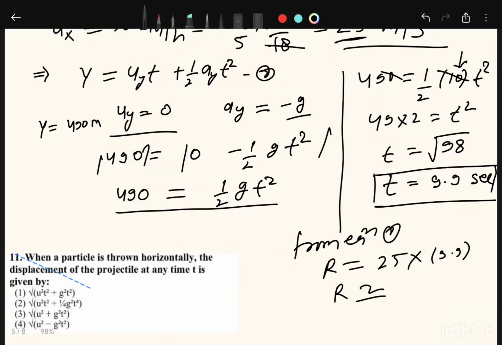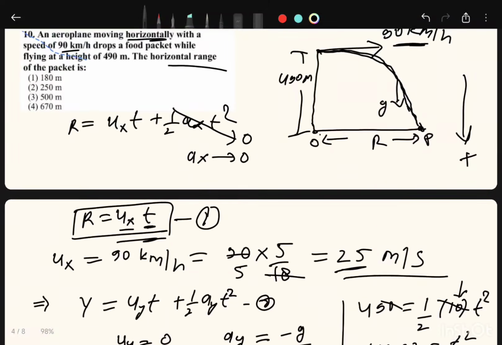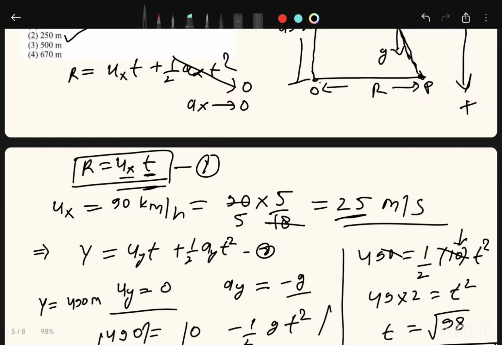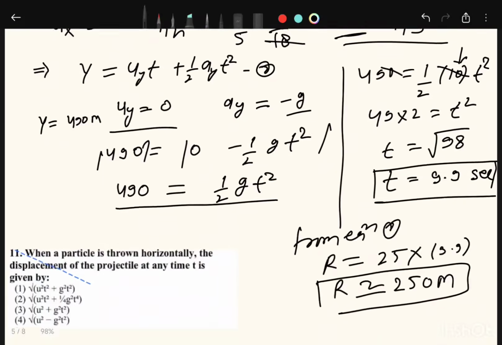So it will be almost 250 meter. You see option B, exactly 250 meter is given. If you take g value 9.8, you will get exactly 250 meter, right?